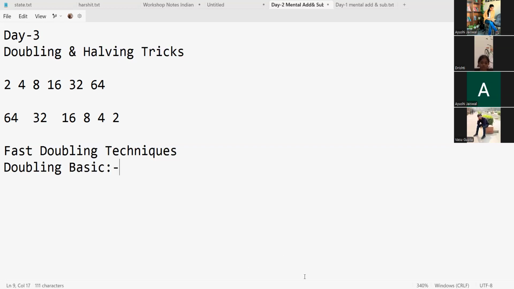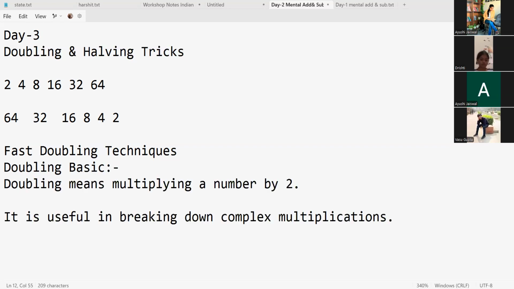Doubling basics means always multiplying by 2. That means multiplication. And break down multiplication of constants. If the higher number you are doing is not easy, break down the complicated multiplication. Clear? Yes, ma'am.